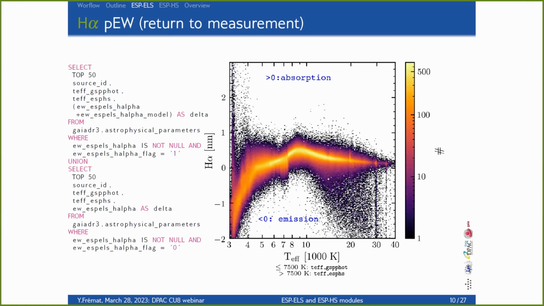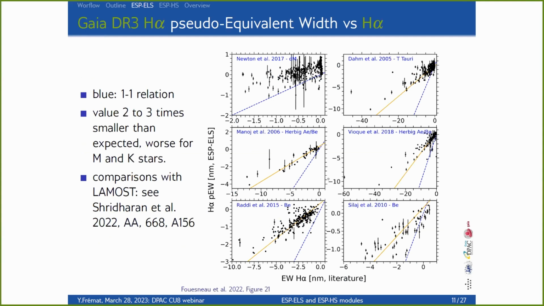So this equivalent width is used during the classification of the ELS. Of course, we expect, as I explained, that the pseudo-equivalent width of H alpha we store in the astrophysical parameter table is not directly representative of the true H alpha equivalent width.